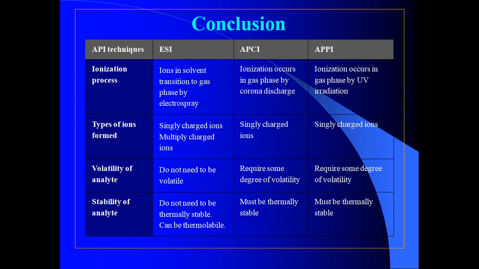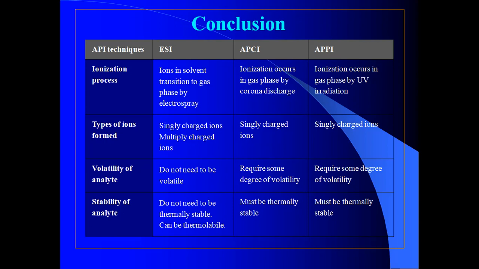And in conclusion, if we compare all three techniques, electrospray ionization, atmospheric pressure chemical ionization, and atmospheric pressure photoionization: in electrospray ionization, the ions in solvent transition to the gas phase by electrospray.